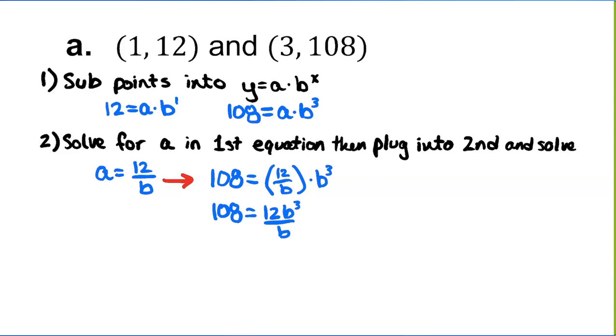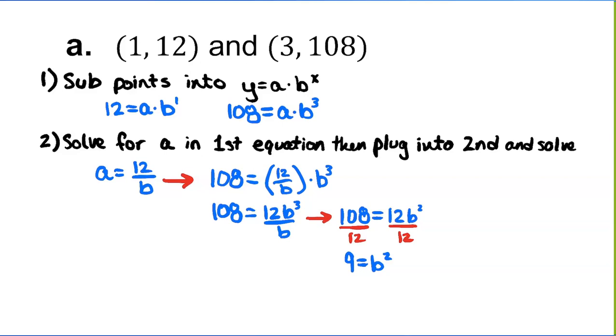If you apply your exponent properties, this is the same as 108 equals 12b to the second. If you divide both sides by 12, you get 9 equals b to the second.